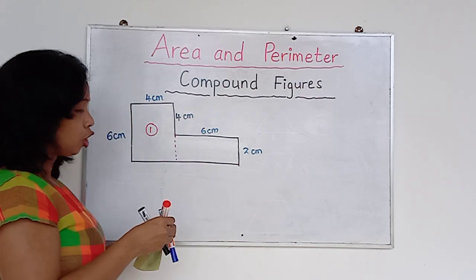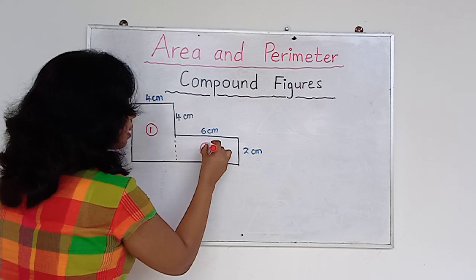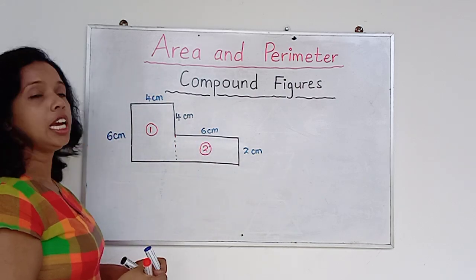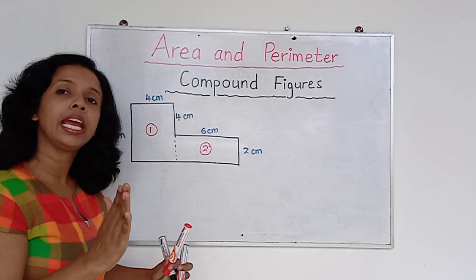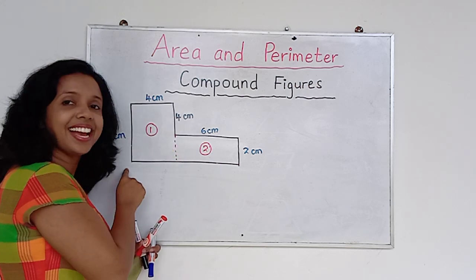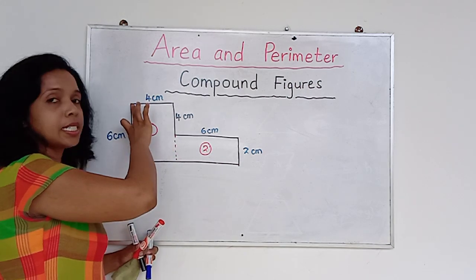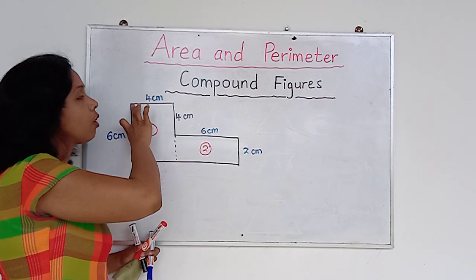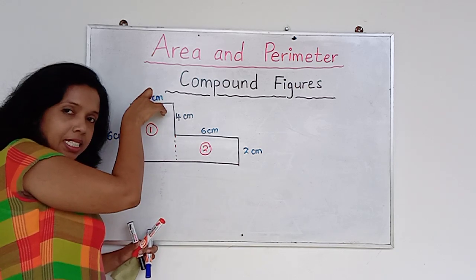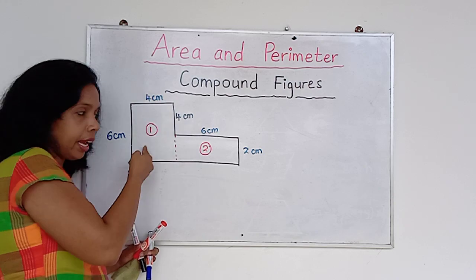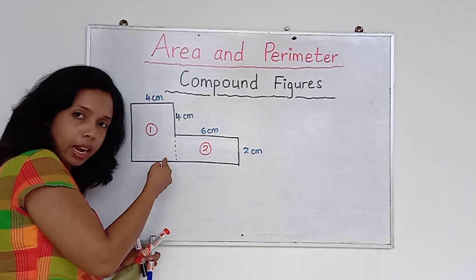Now I have 2 rectangles. Tell me, how do you find the area of the first rectangle? What is the length of it? 6 centimeters. What is the width of it? 4 centimeters. Then how do you find the area of rectangle 1?